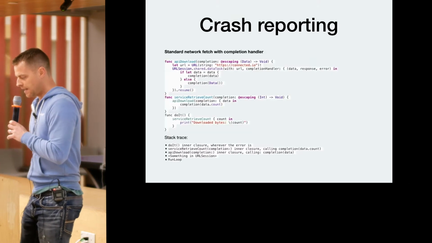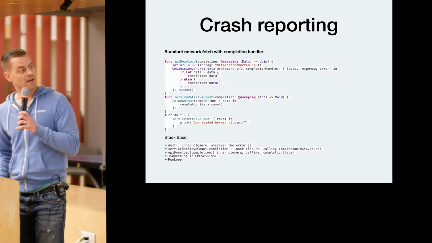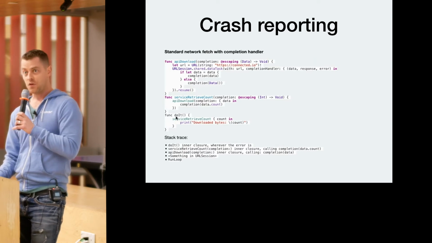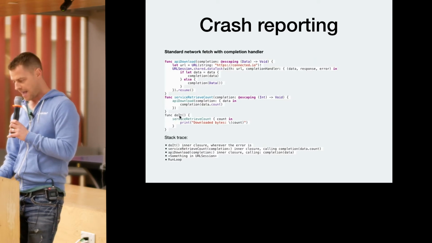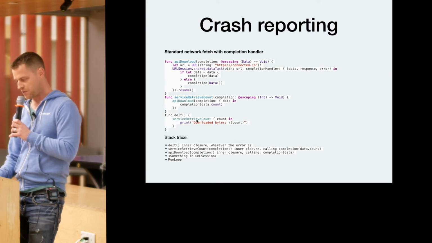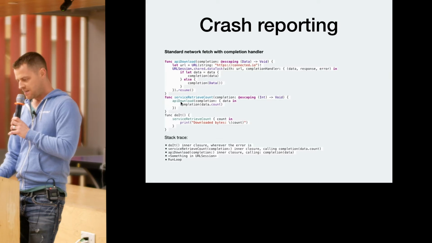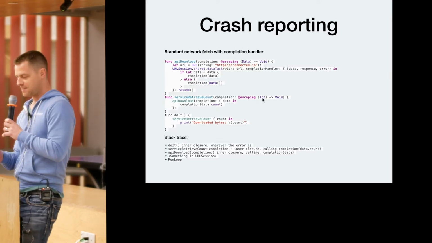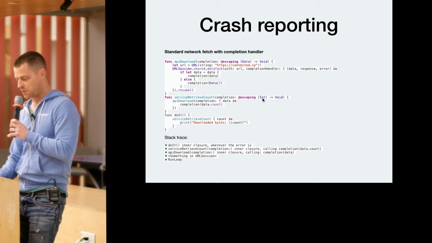So let's look at the completion handler. Okay, so I have this function, do it, and it calls our service retrieve count and it gives a closure. And then the service is dealing with some kind of model thing, so I'm just using an int to differentiate it from the network layer.